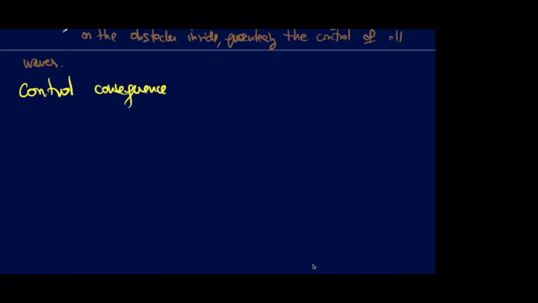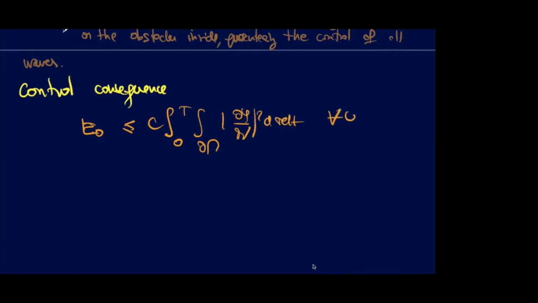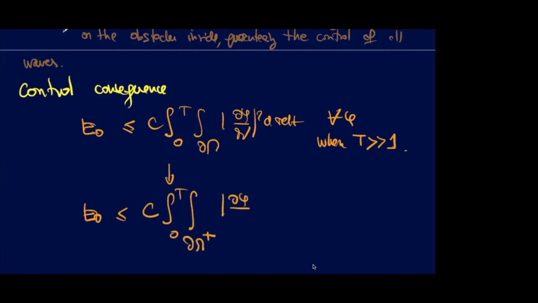We said, not only can you prove an observability inequality like this for all t when t is large enough, but we could improve it into an observability inequality in which I was just observing on part of the boundary. So the same inequality, but observation on part of the boundary.